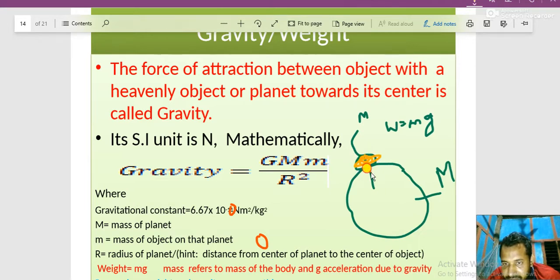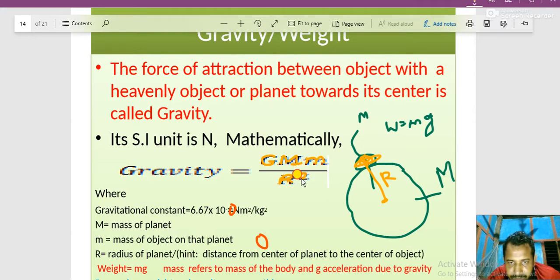We find the distance from the center. Always we take the center, this distance we consider r. This distance might be smaller, the radius of this object might be smaller than the radius of the planet, so we are writing r square. That is G M m by r square, where capital M refers to the mass of the planet and small m is the mass of the object. I think it's clear now.